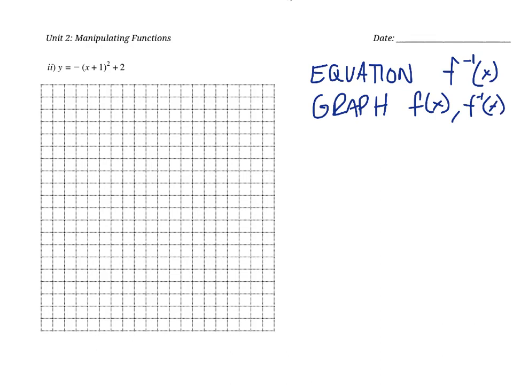And I also want you to give me the domain and range for f of x and f negative 1 of x. So do those in any way you see fit, and then unpause the video. So pause the video and then unpause it to see the final answers.